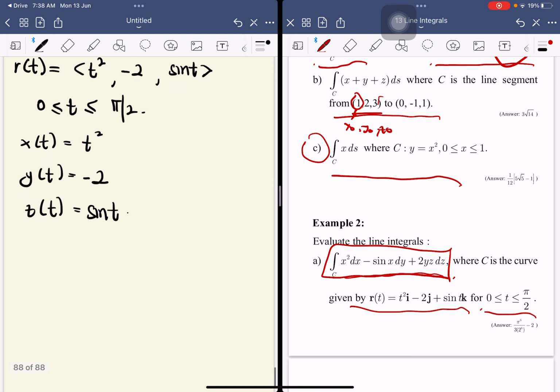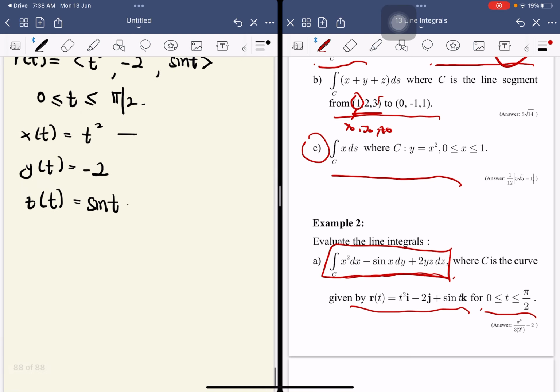If we differentiate with respect to t, we get dx over dt equal to 2t. If we rearrange, dx equals 2t dt.